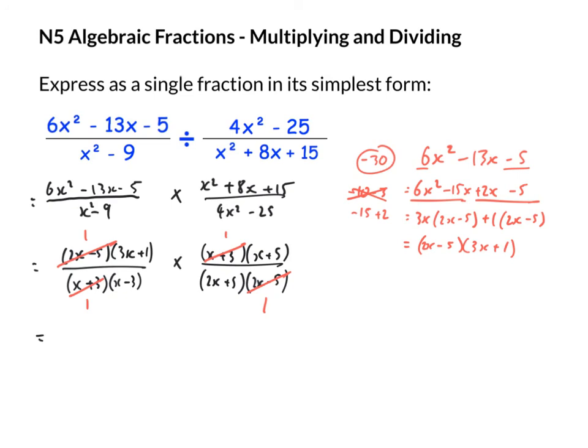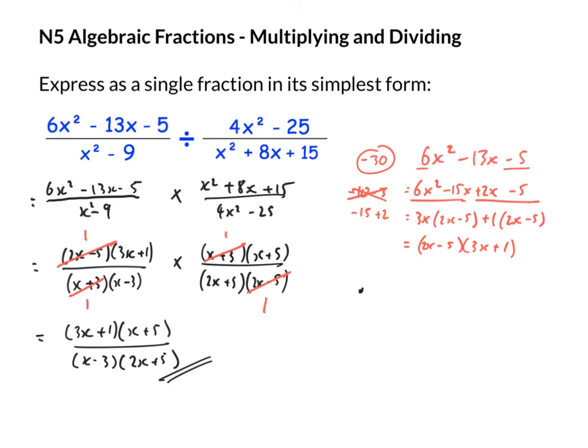So I have got 1 times 1, this bracket times this bracket: 3x plus 1, x plus 5. On the bottom, again 1 times 1, this bracket times this bracket: x minus 3, 2x plus 1. And that has been written as a single fraction in its simplest form.